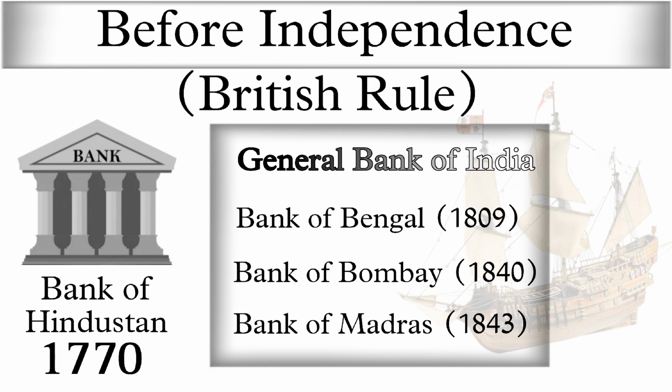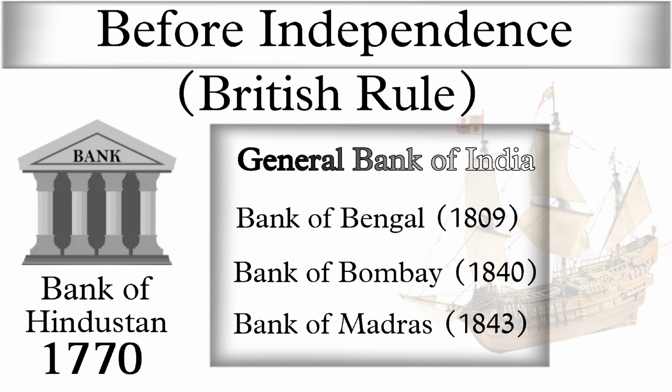The banks played a critical role in financing the trade between India and Britain and in facilitating the transfer of funds between the two countries. In 1861, the Paper Currency Act was introduced, which gave the government the authority to issue paper currency in India. This marked the beginning of the government's involvement in the banking sector.